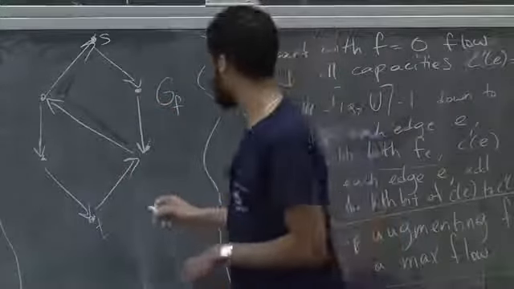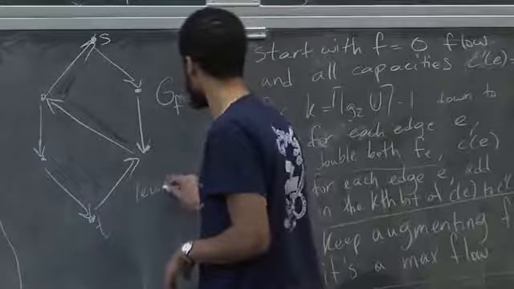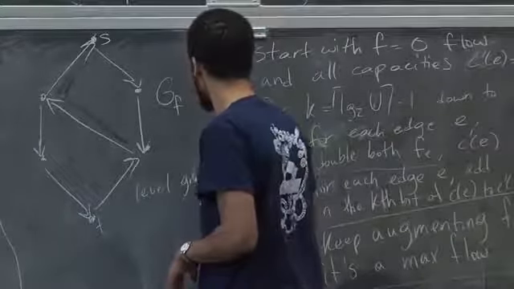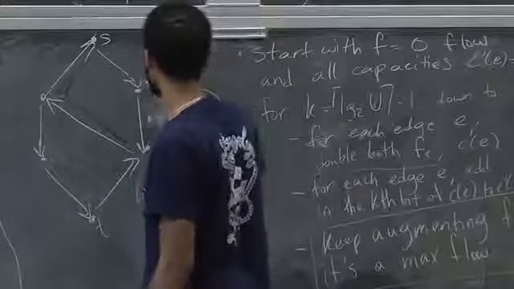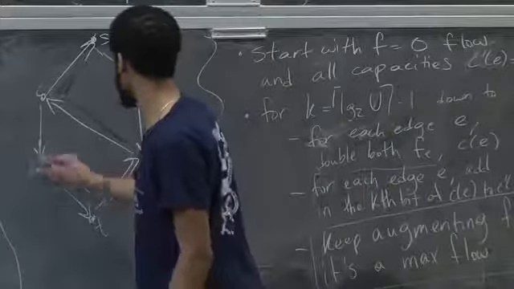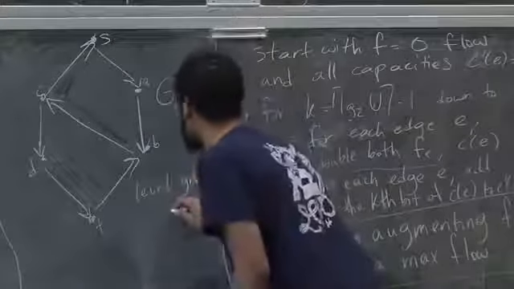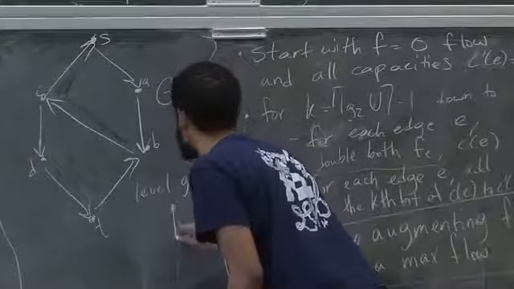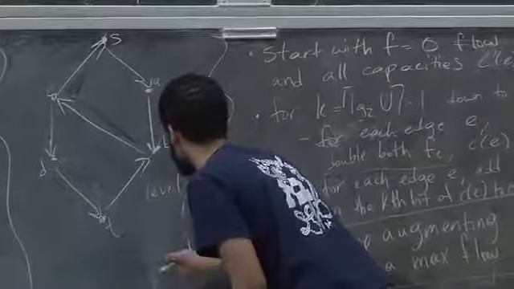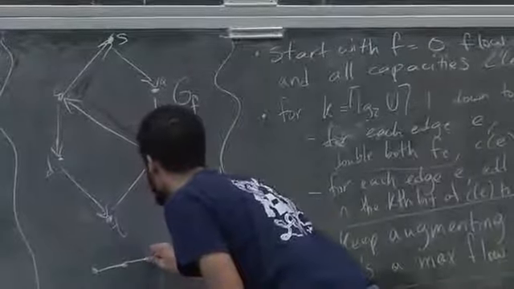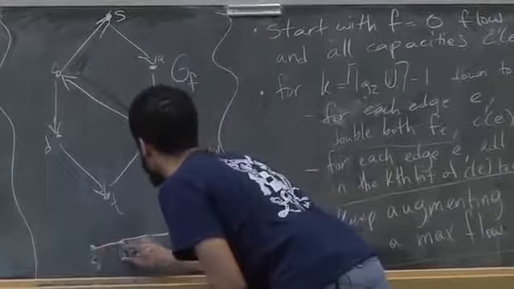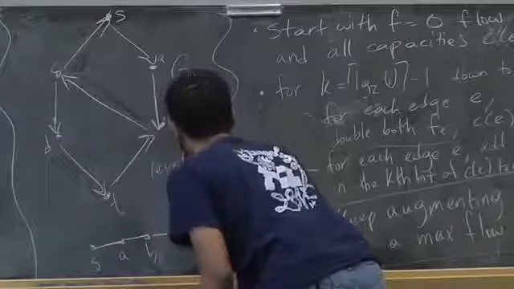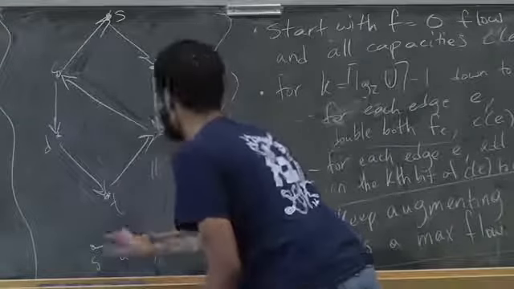So the level graph, let me label some vertices as A, B, C, D, T. The level graph would actually just be a path: S, A, B, C, D, T. Right.